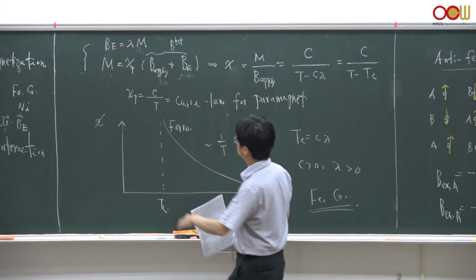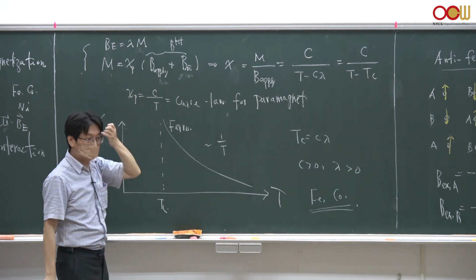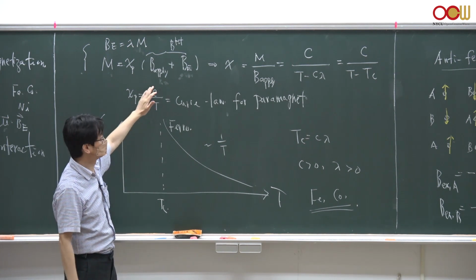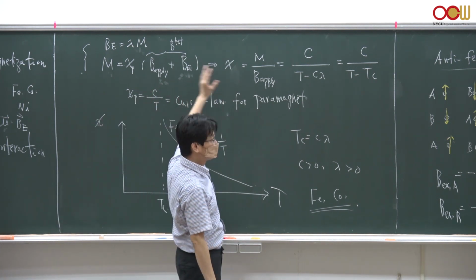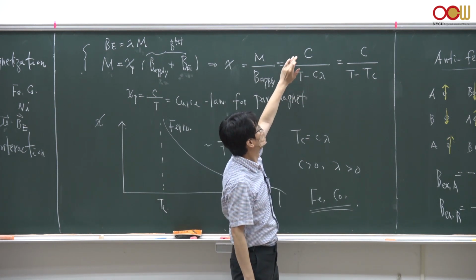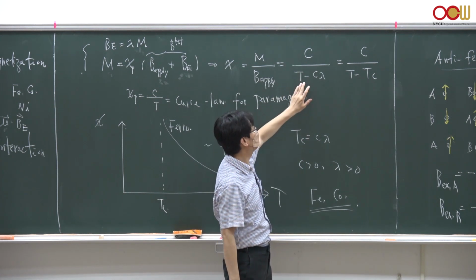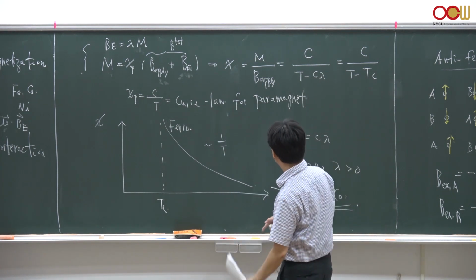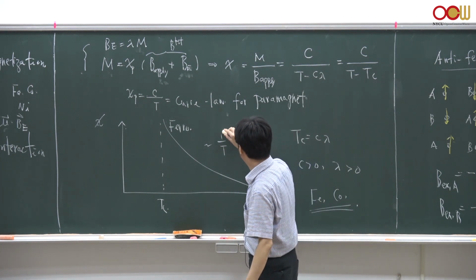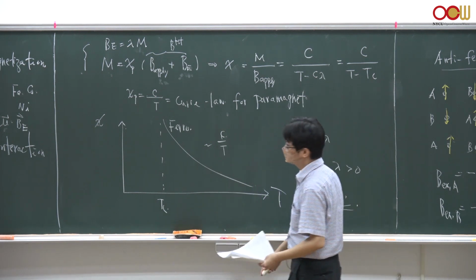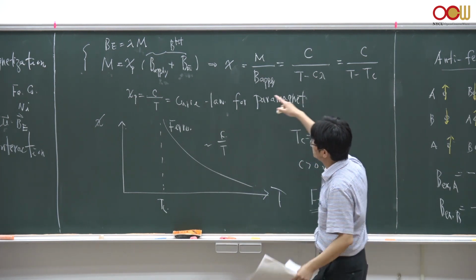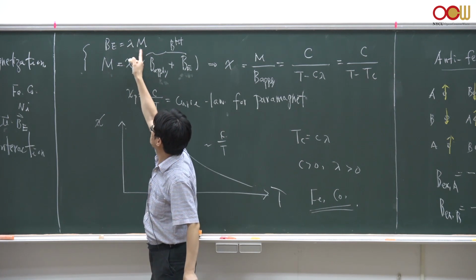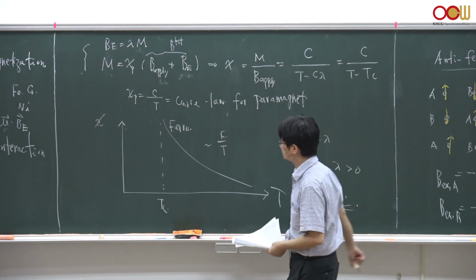You can take advantage of the fact that these systems show the Curie law at high temperature. So when you plug in everything, you get this Curie law constant C divided by T minus C times lambda, where C is the prefactor in front of the 1 over T Curie law, and lambda is the prefactor which couples the magnetization and exchange field.